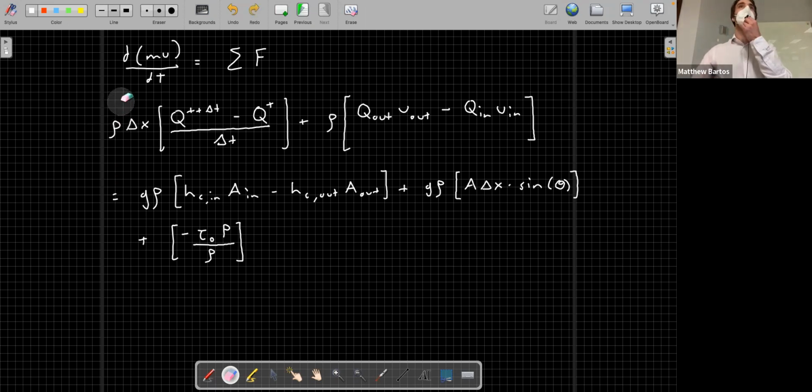Sorry, the original force should actually be divided by density times delta x. Oh, sorry, you're right. You're sharp out there, thank you. All right, so yeah, it should be negative tau, or shear stress, times the wetted perimeter times delta x.